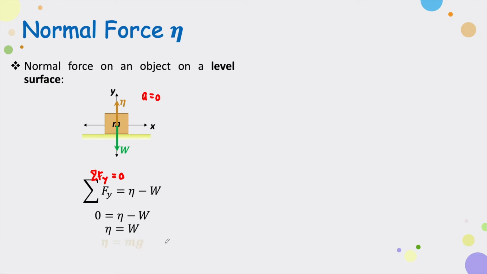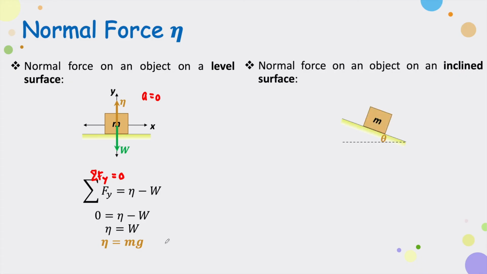Next, the second case is where your surface is inclined with an angle of inclination theta. For this case, your x and y axes are tilted. Take note that the normal force is in this direction and your weight is simply vertically downward. It is not always along the negative y-axis.